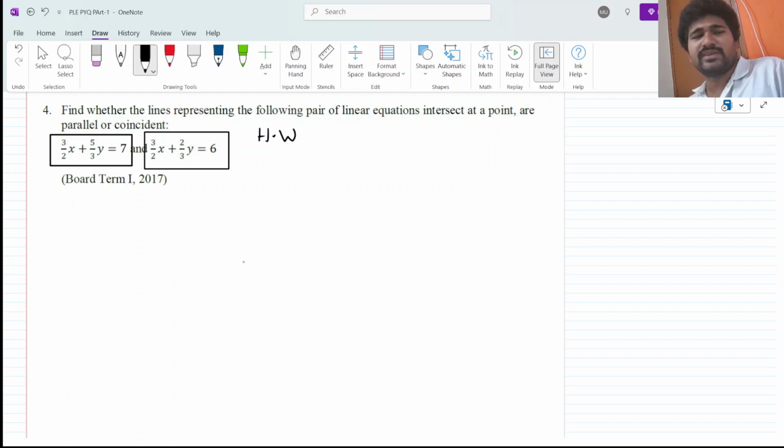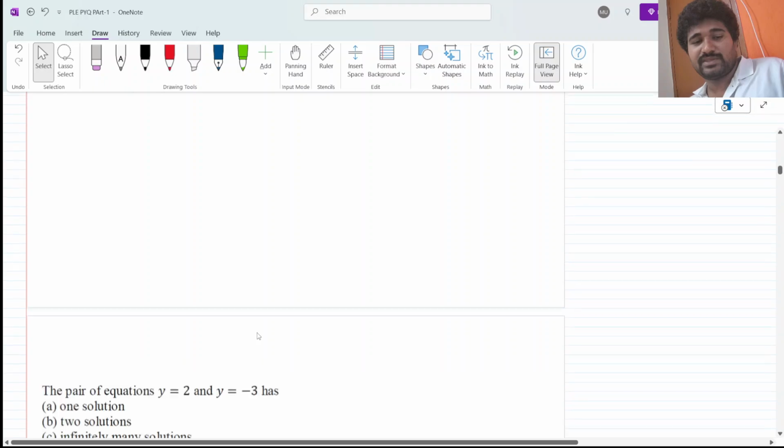Parallel only you write. Only parallel. Because he said either parallel or coincident, that means your answer should be parallel. Understand? Write down the equations fast. Easy, right? If you are now confident with fraction divisions, no problem. If you make any mistake in exams, I will beat you very badly. Understand? Fraction divisions, you should not make mistakes.